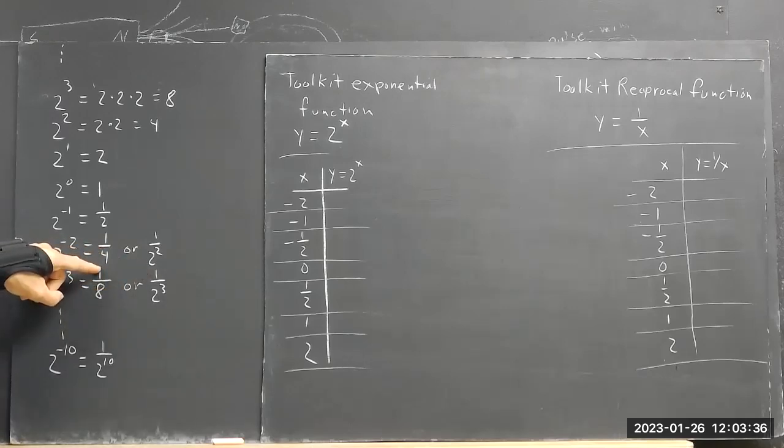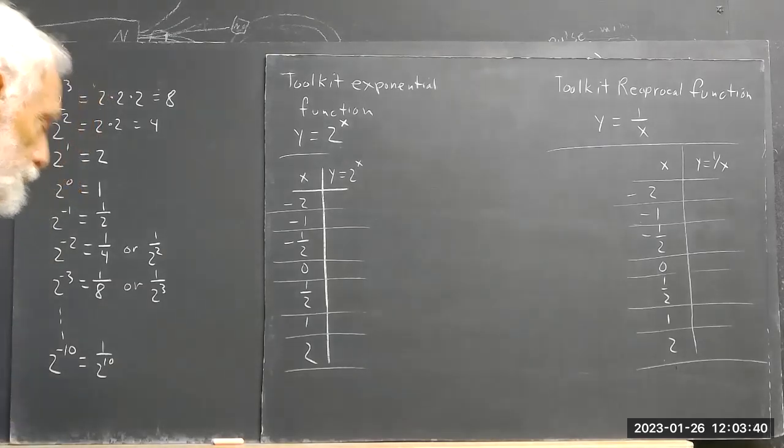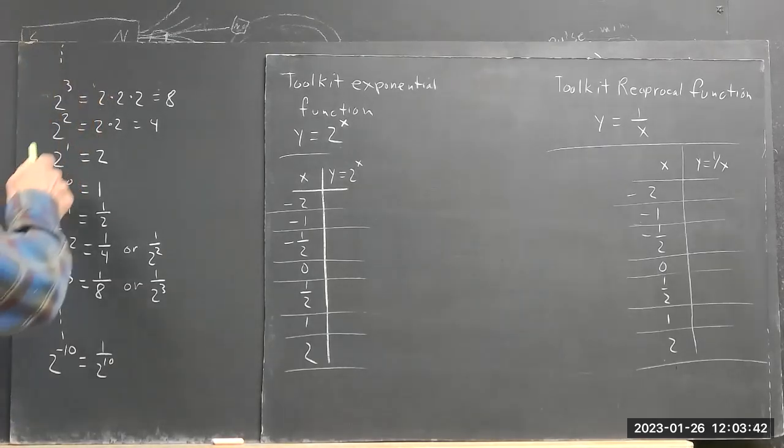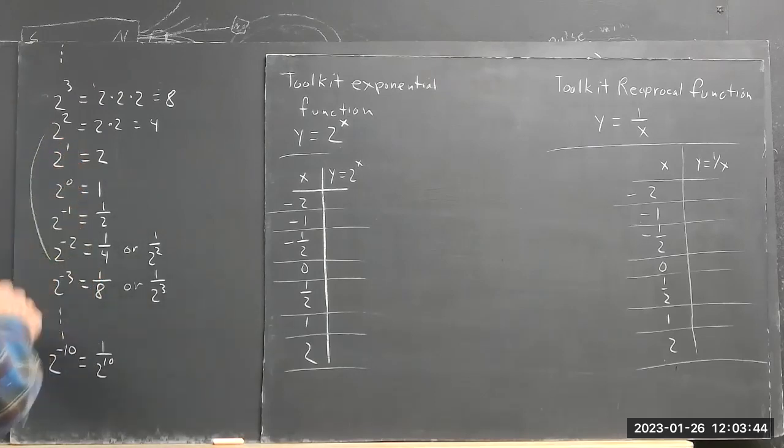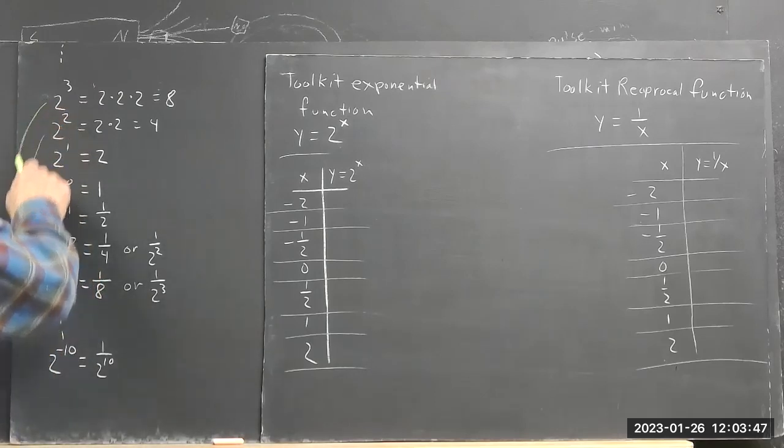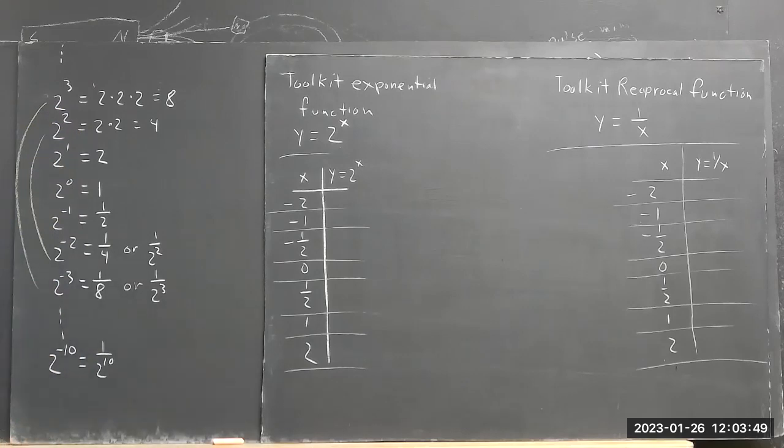This number is the reciprocal of this number. If you went up to 2 to the 10th there, then this number would be the reciprocal of that, 1/2 to the 10th.